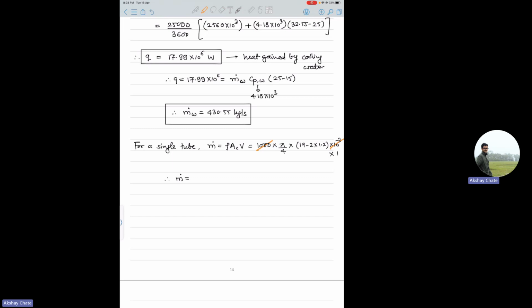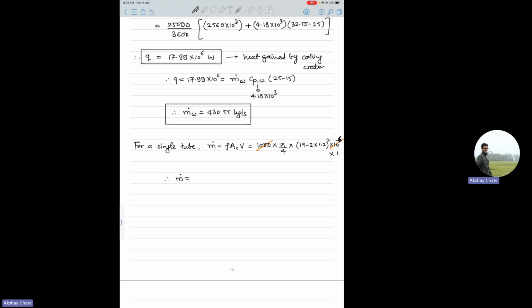Yeah, velocity is 1, right? Yes, so this is rho A V. Oh, there will be a square, sorry. So there will be a square, so this will be 10 to the power minus 6. So yeah, minus 3 will still be there.